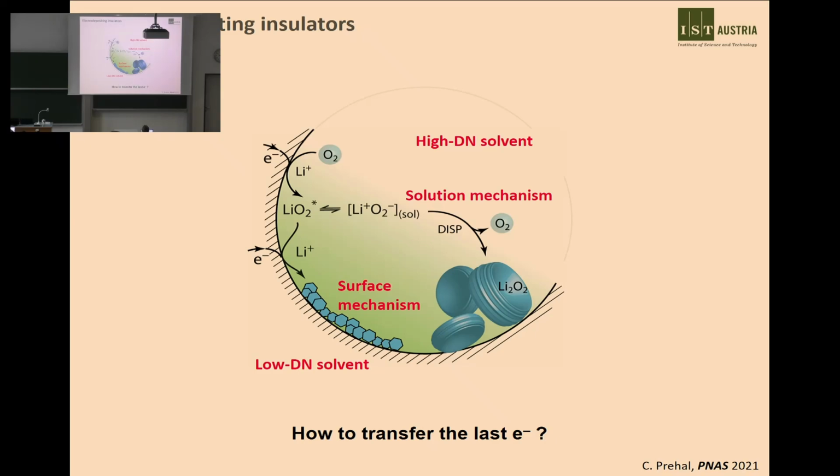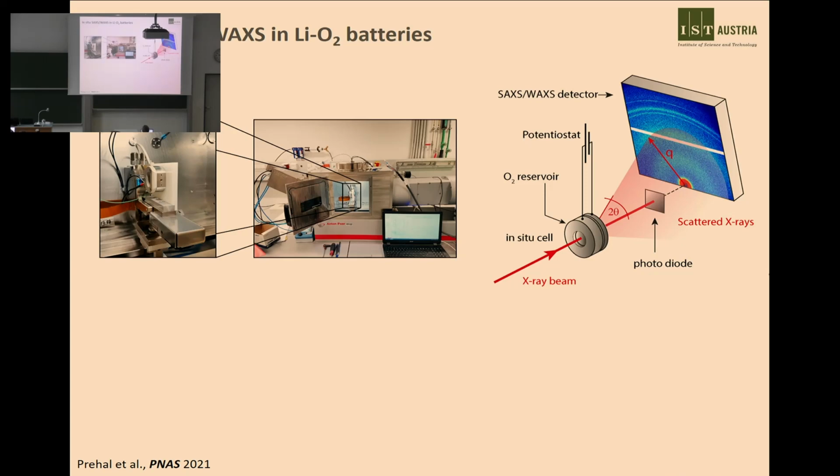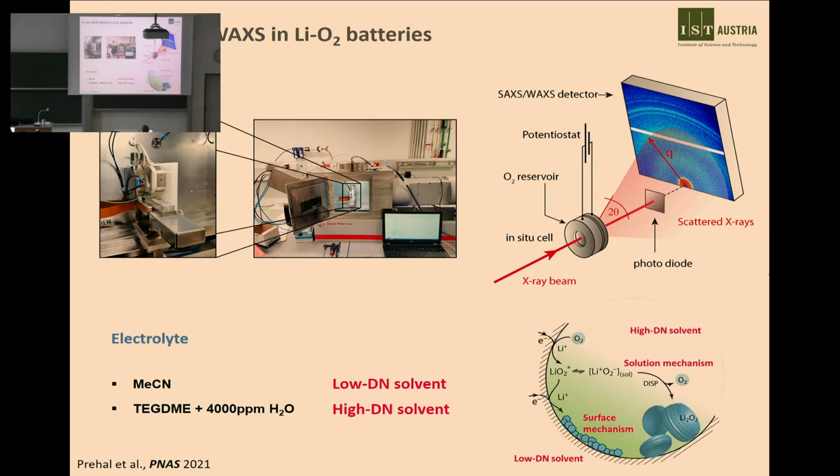We wanted to look at this closer, and for this we developed a method based on in situ SAXS and WAXS. We made an in situ cell which we put in an in-house SAXS machine. The electrolytes we used were the prototypical cases, which people thought would form either a surface layer or larger particles: low donor number or high donor number solvents, which go either in this direction or in this direction.